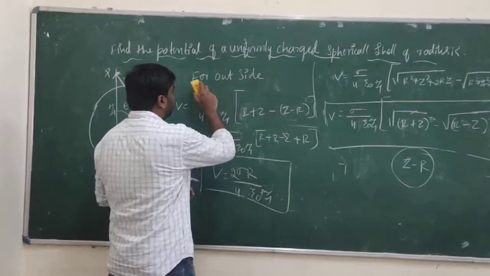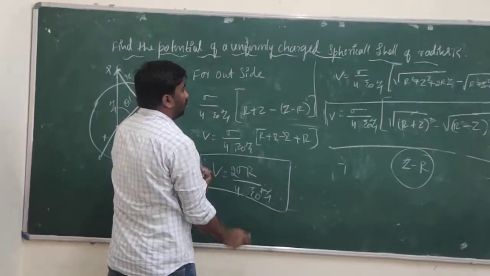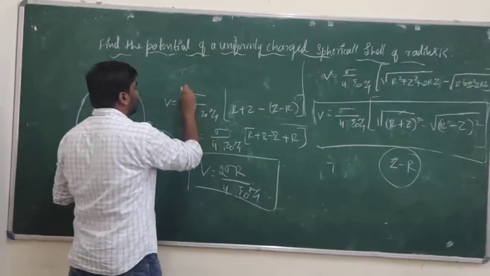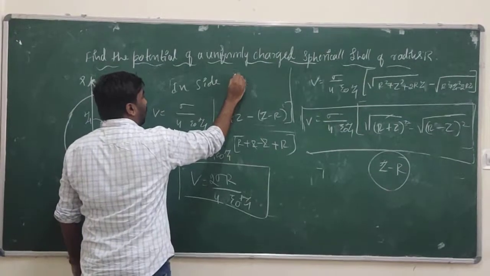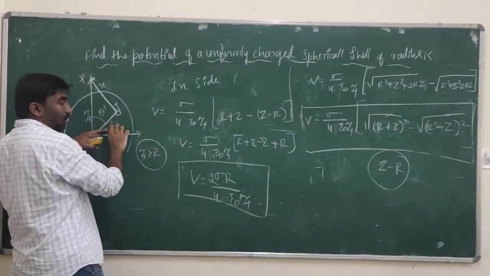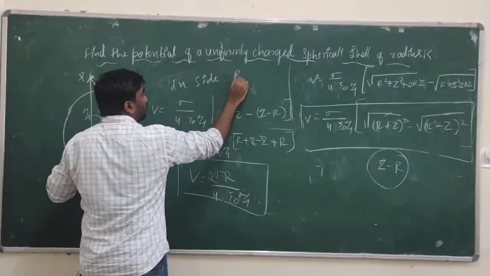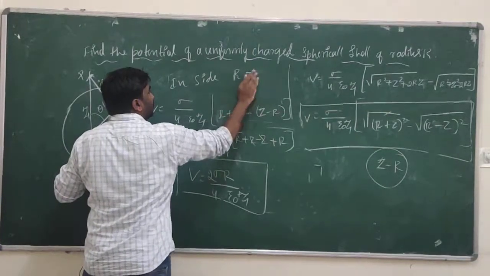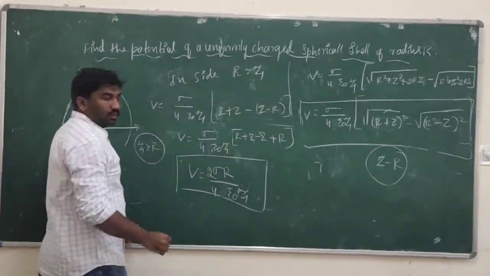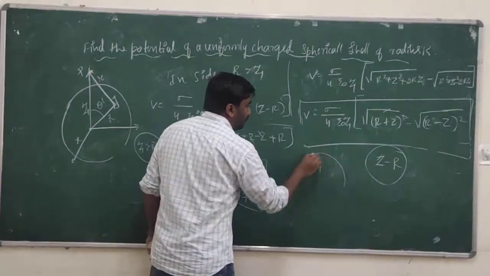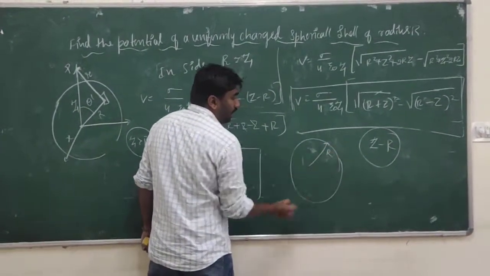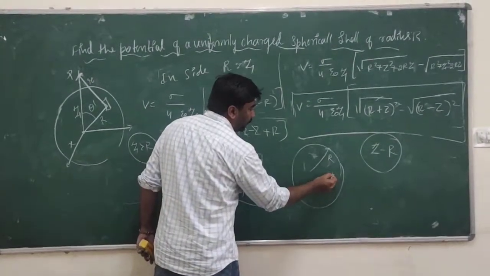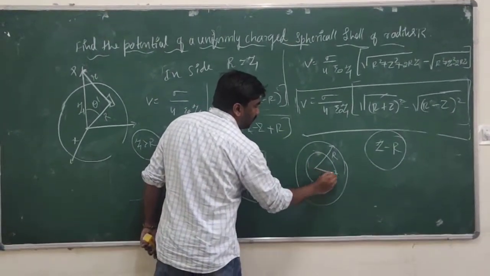So inside, here r is greater than z, because if this is our spherical shell, this is the radius r of the shell, and I am going to choose the point inside at distance z.